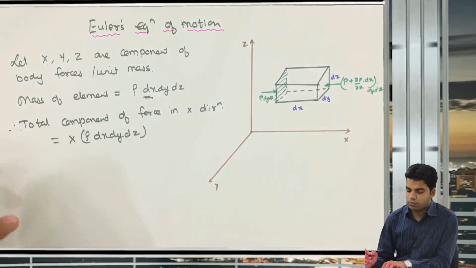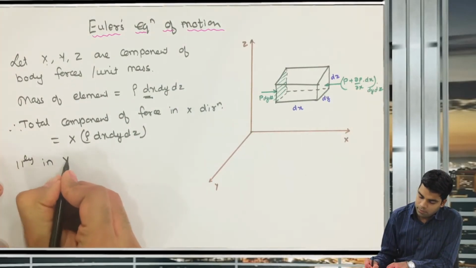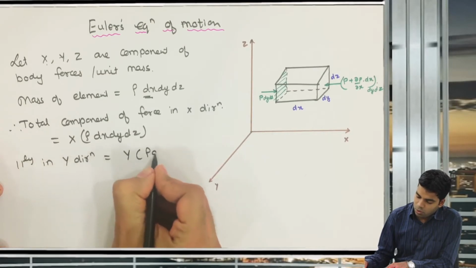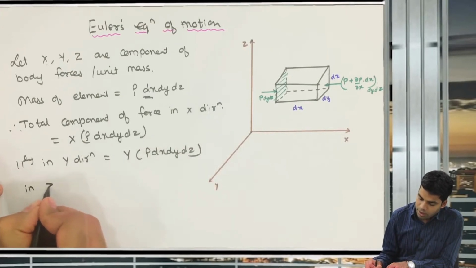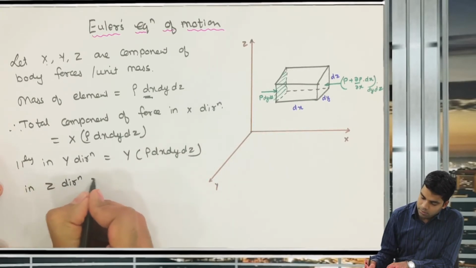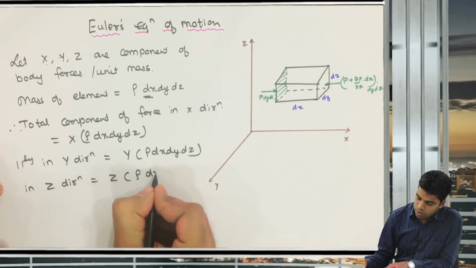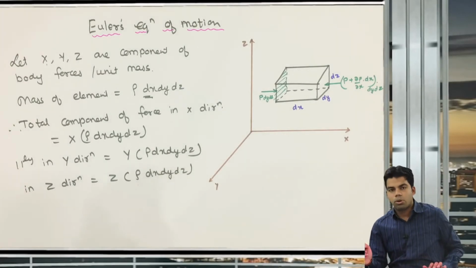This is the total component of force in the x direction. Similarly in the y direction it is Y rho dx dy dz, and in the z direction it is Z into rho dx dy dz. So these are the body forces.